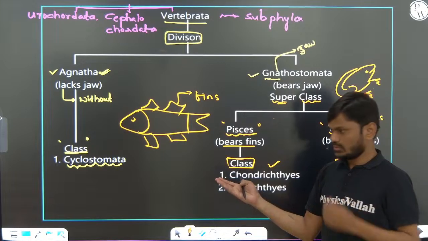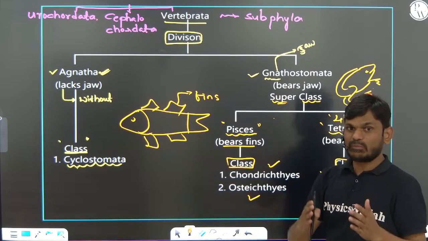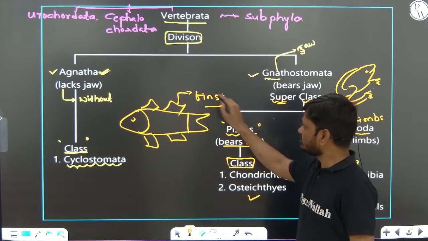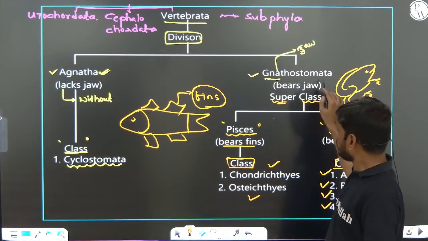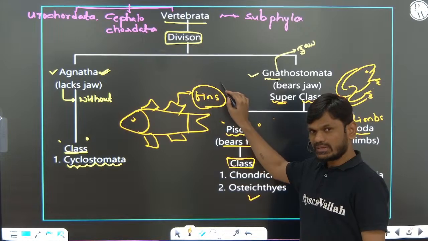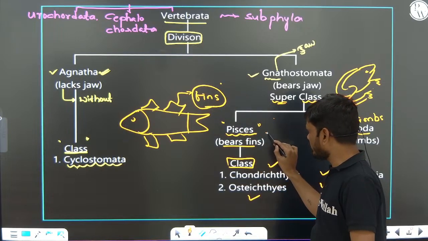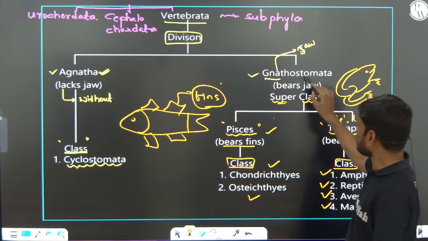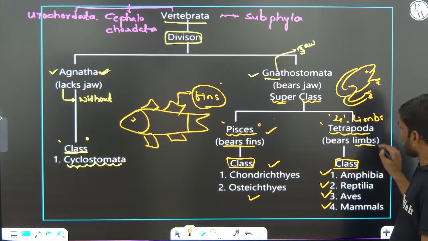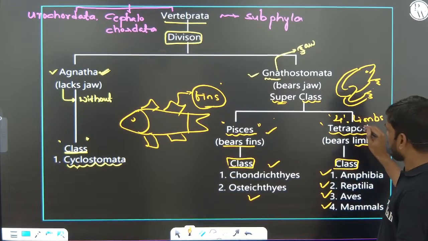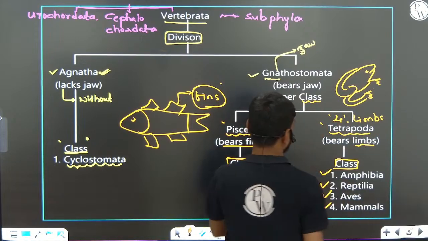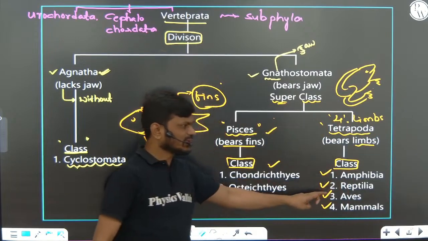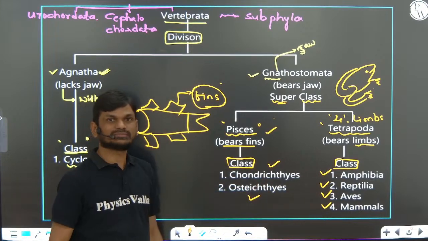Sometimes they may ask: the Gnathostomata which bear fins are classified under Pisces. The Gnathostomata which bear limbs are classified under Tetrapoda. So Tetrapoda in turn is classified into Amphibia, Reptilia, Aves, Mammals.